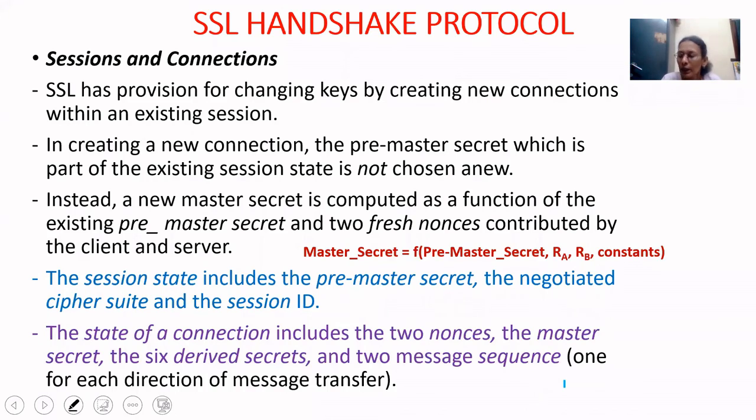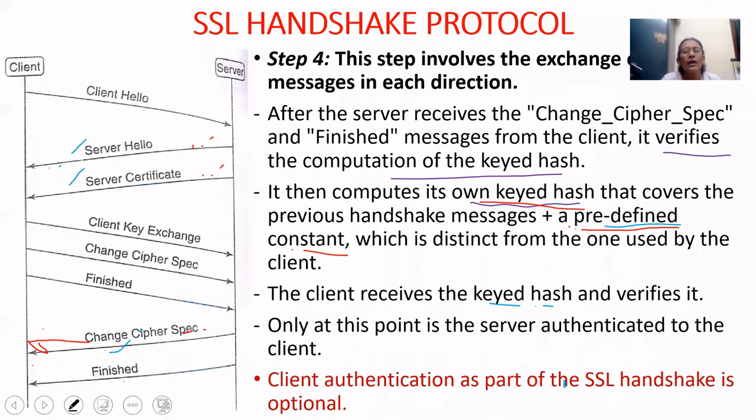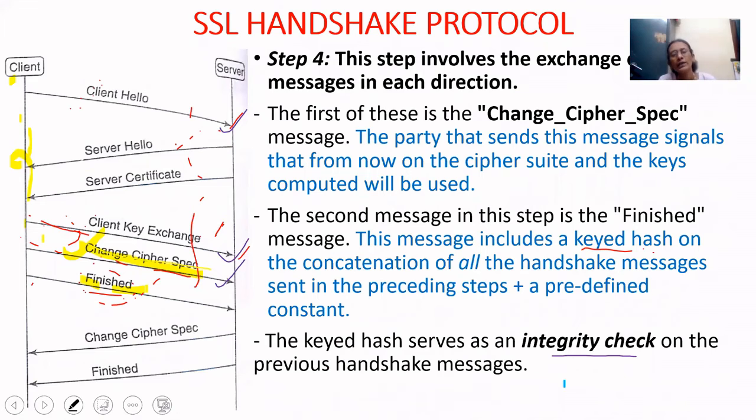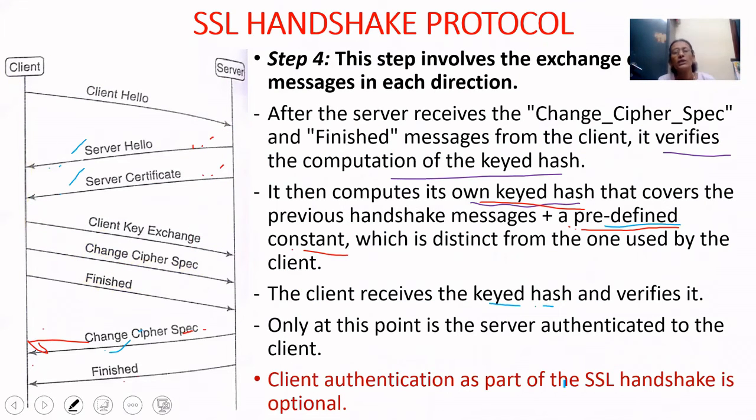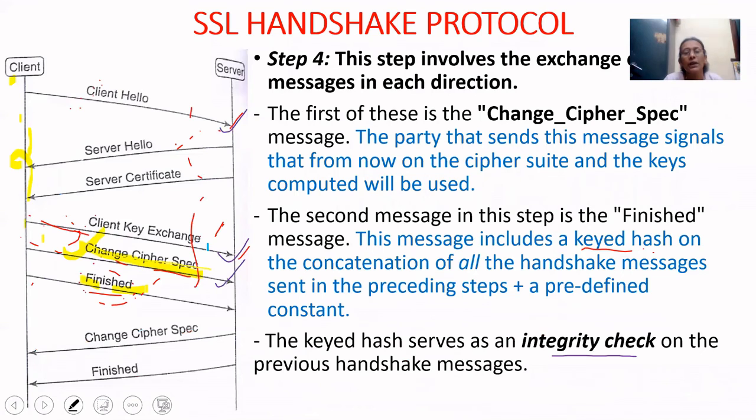Now in this SSL, in all these steps, which is the most time consuming process? The most time consuming process is this step, the client key exchange, the pre-master, that is step 3.